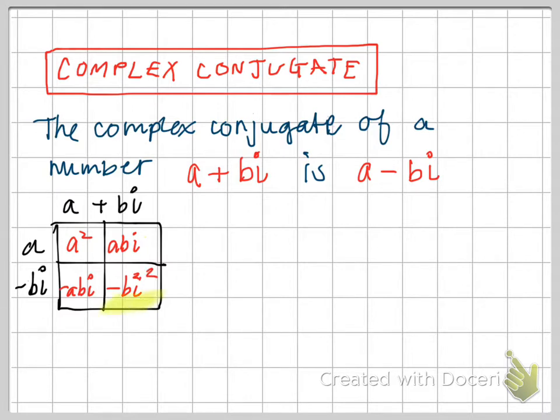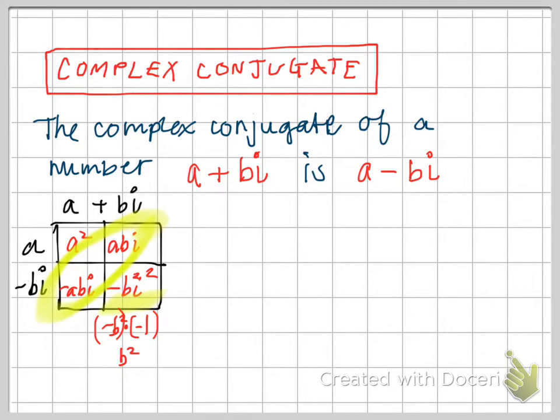Now for that b squared i squared, remember i squared is negative 1, so this is negative b squared times a negative 1. So that's really going to become a positive b squared. Okay, another thing to notice here is that I have plus and minus of that same middle term, abi.